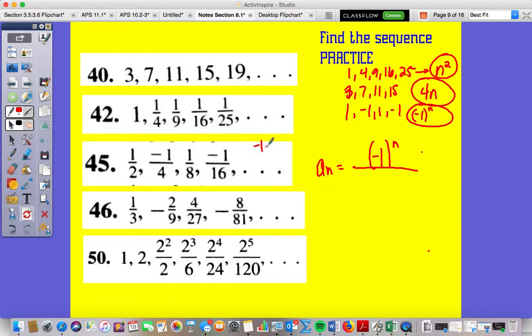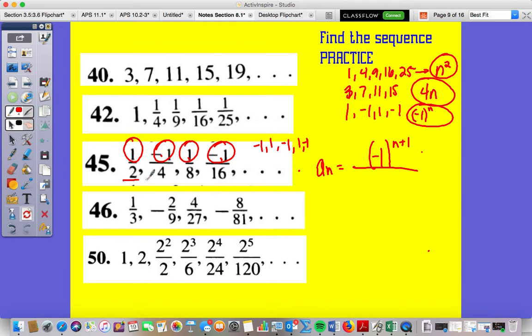If I put 2 in for that, I get positive 1. 3 would be negative, positive, negative, and there we go. But here it's positive, negative, right? So negative 1 to the n would not be really true because we're off a little bit. So we're just going to put to the n plus 1 based upon how they go, right? So they start with positive, then go negative.